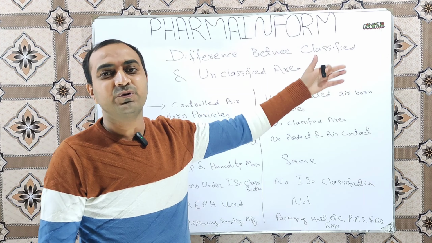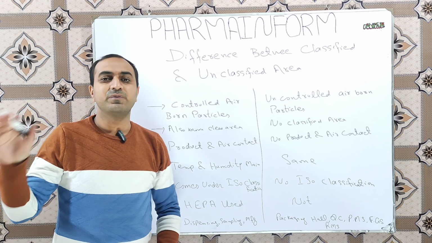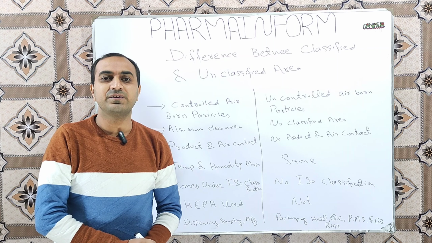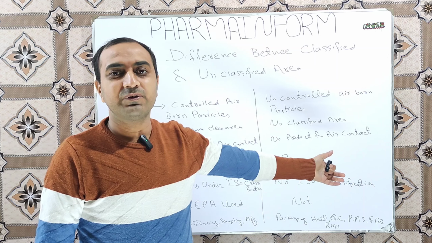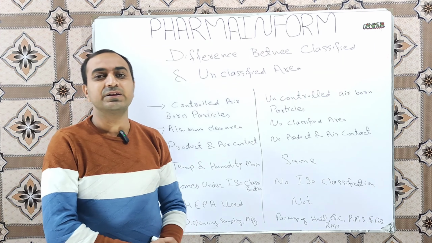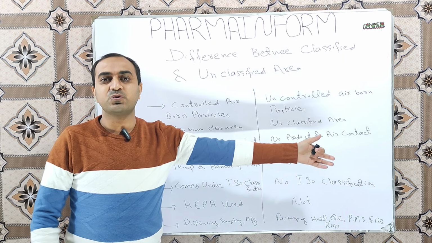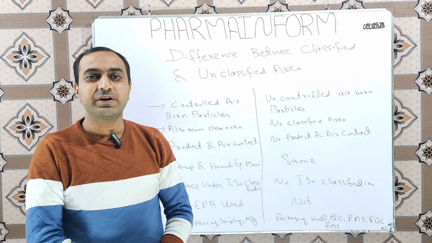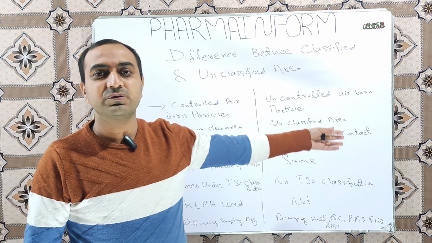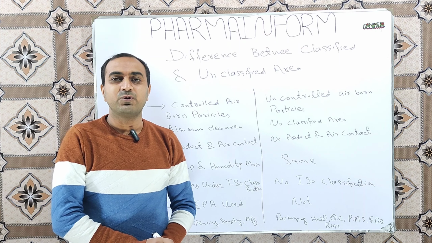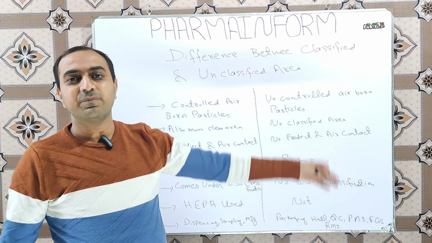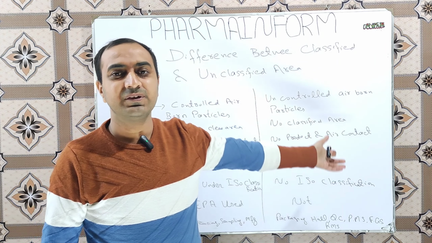What are the examples of non-classified areas? In pharmaceutical industries, the packaging hall is the area where we do not have direct contact of our product with the air, so it comes under unclassified areas. Our change rooms come under the unclassified areas. Raw material store, because there all products are closed in their containers, and we do not open our containers in the raw material store because we open them in the dispensing area.